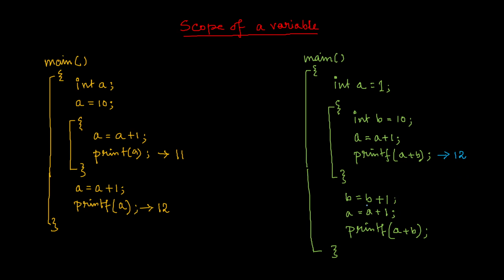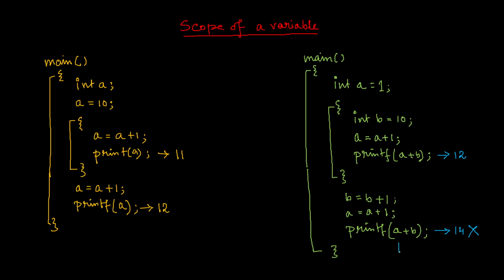And here b becomes b incremented by 1, that means b becomes 11, and a is incremented by 1 again, so you will expect that a becomes 3. A was 1, incremented by 1 becomes 2, incremented by 1 becomes 3. So 3 plus 11 is 14, because b was 11. But unfortunately, this is wrong.